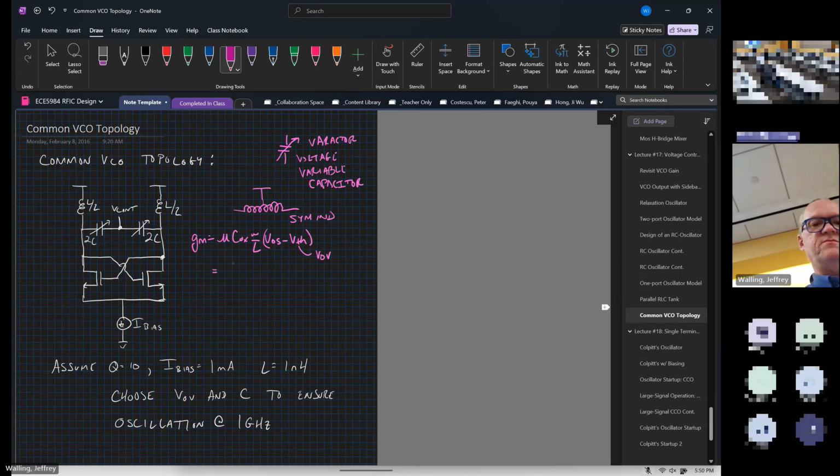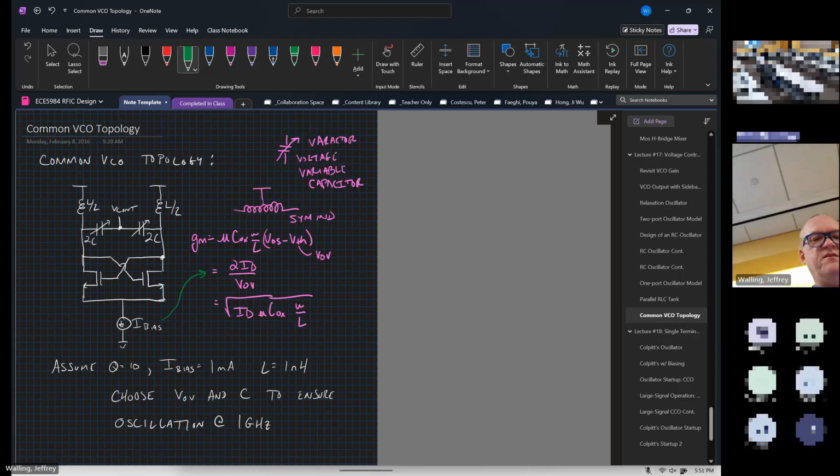It's also equal to 2 times ID over VOV, and it's equal to the square root of ID times mu times Cox times W/L. Now, what we're ultimately doing here is keeping the DC current flowing through the drain constant by biasing it with this current source. So this form, 2ID over VOV, is the one that we'll look at.